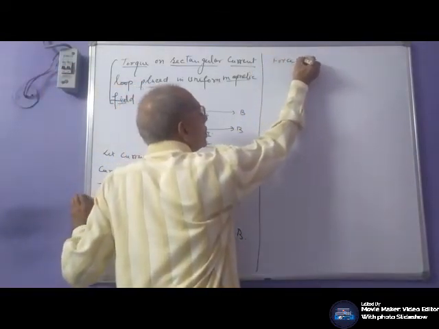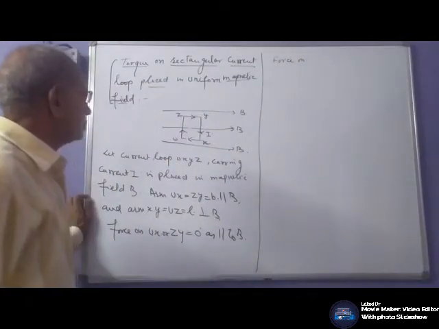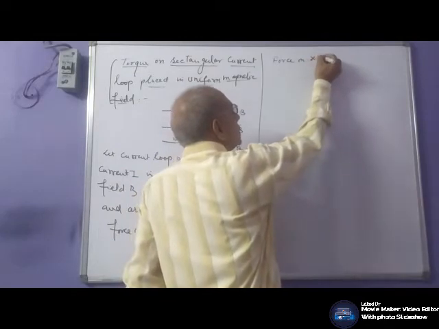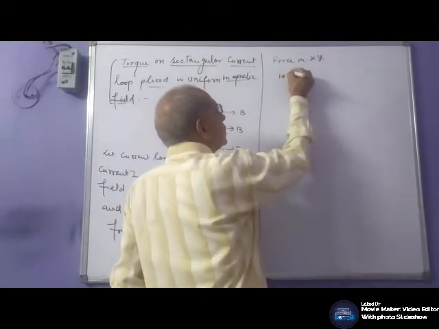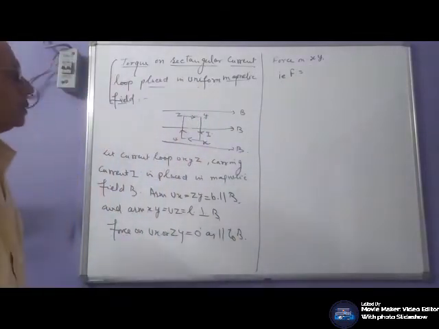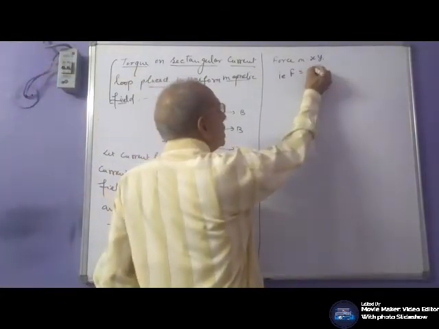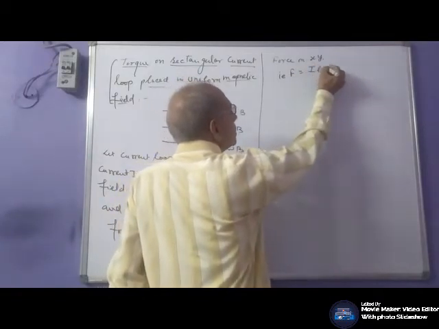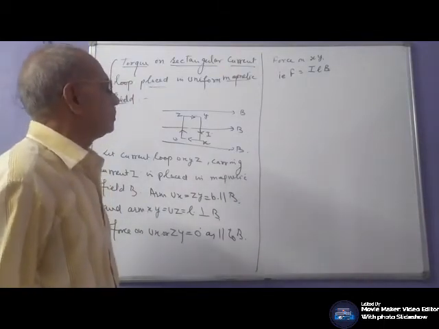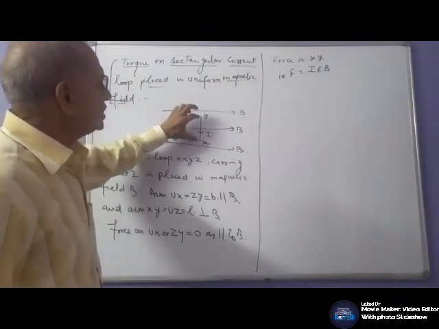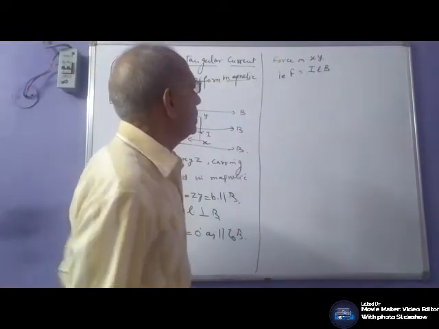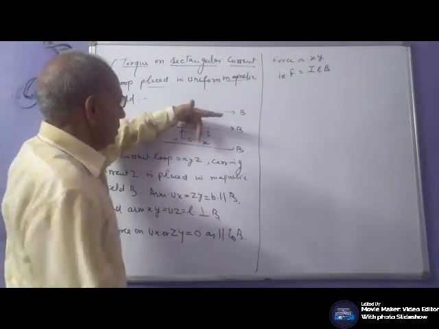Force on XY, that is F. F is I L B sin theta, that is 90. Length is L, current is I, so ILB.